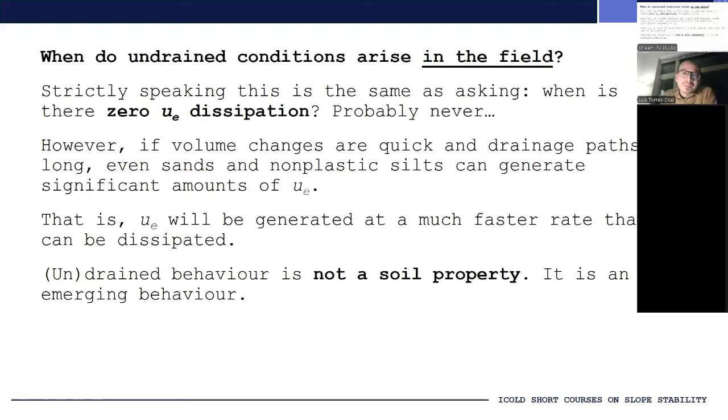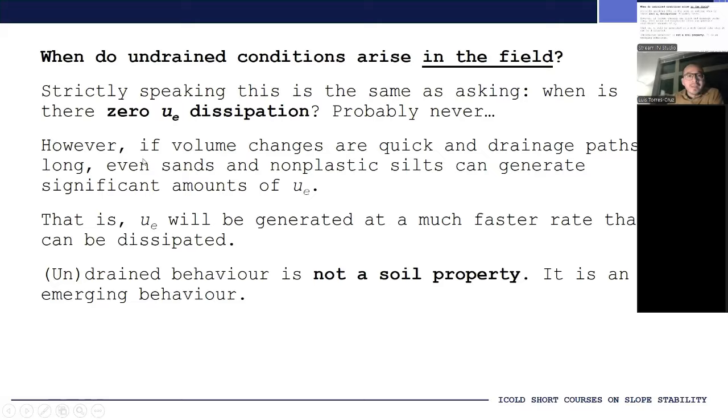And the answer that I am suggesting here is probably never, right? Because in the field, there is no such valve that you can open or close. So there is always likely to be some degree of dissipation. We can never guarantee that there is absolutely zero dissipation of excess pore water pressure in the field.